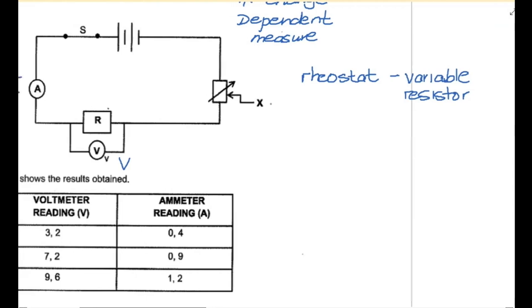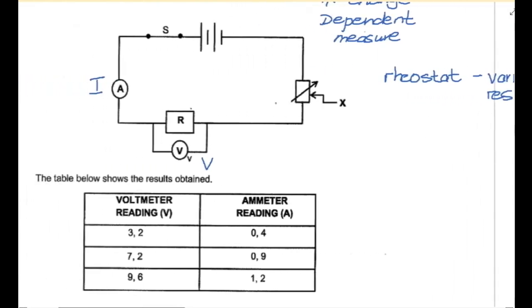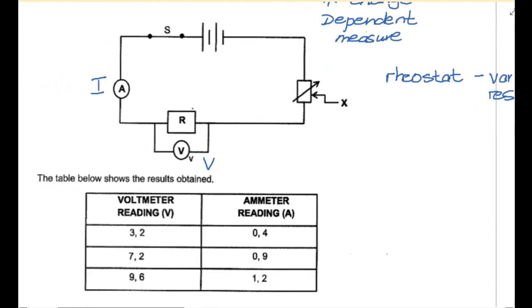Now, what is the purpose of the rheostat in this circuit? If I increase the value of this resistance, this rheostat, I'm going to change the current. I know I'm jumping the gun here a little bit, we haven't done any circuits. So what that means is that my current is the thing that I am changing.